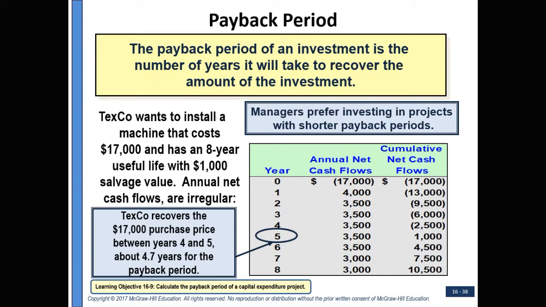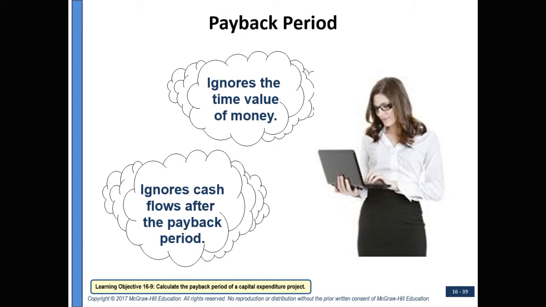The payback method determines that Texaco recovers the $17,000 purchase price between years 4 and 5, about 4.75 years. Interpolation may be used to arrive at a fractional number per years. This method ignores the time value of money, and it ignores cash flows after the payback period.